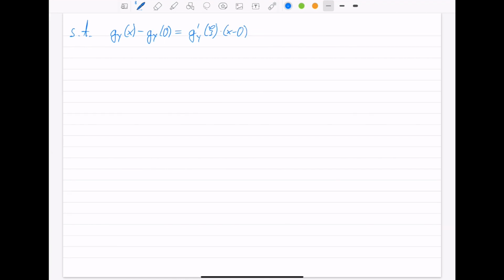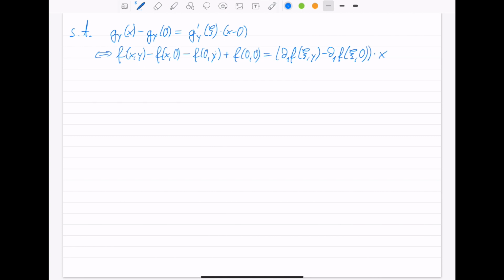And as we've just seen, if we insert the definition of gy and this property of gy prime, we have that gy of x is f of (x,y) minus f of (x,0), while gy of 0 is f of (0,y) minus f of (0,0), so we get plus f of (0,0). And gy prime of psi, we've seen that gy prime consists of this partial derivative, so we would get d1f in (psi,y) minus d1f in (psi,0), and this times x.